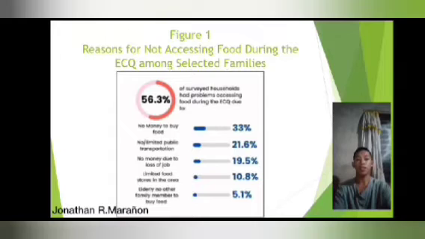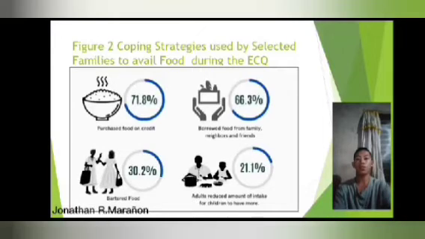The reasons for this inability include lack of money, 33%, limited public transportation, 21.6%, loss of livelihood, 19.5%, lack of access to adequate food, 10.8%, and elderly who have no one to buy food for them, 5.1%.